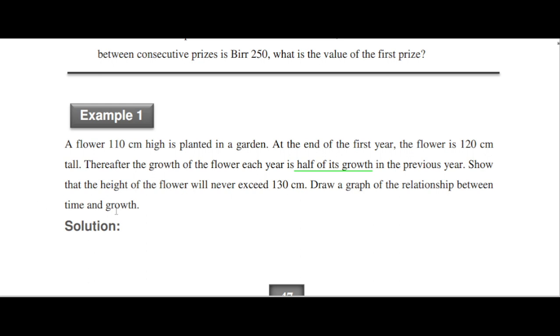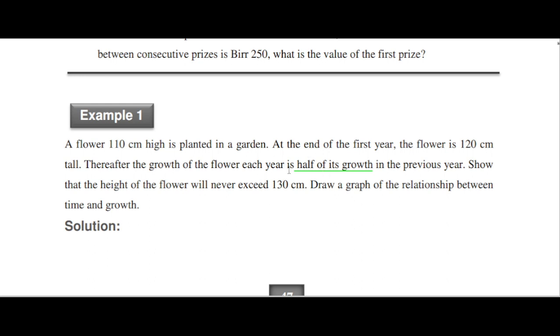So here, a flower 110 cm high is planted in a garden. At the end of the first year, the flower is 120. How much increase do we have here? 120 minus 110, 10. So in the first year, the flower is increased by 10.